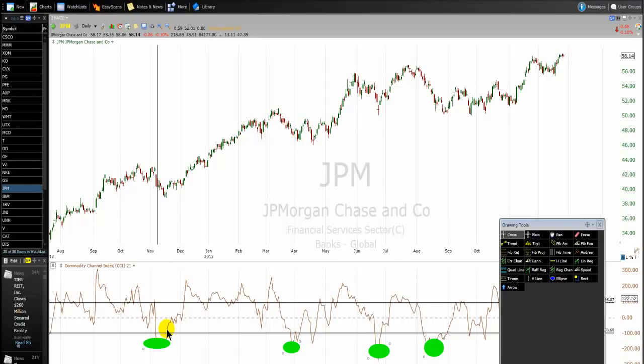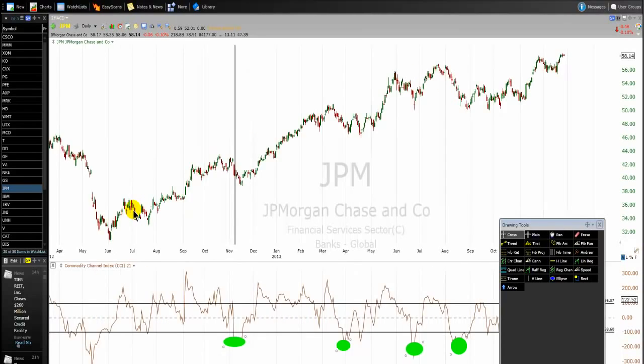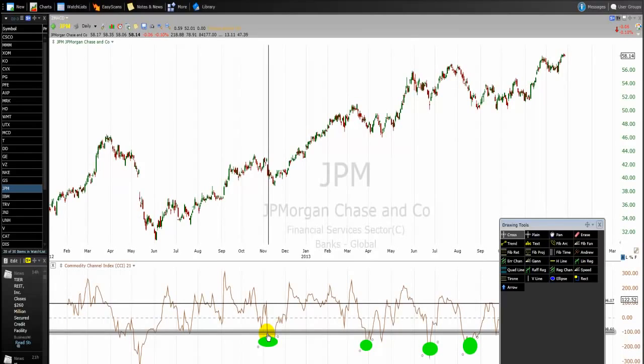So if you buy straight away here because the CCI is oversold, but the price was not oversold. The oversold CCI is not equal to the price oversold. Are you trading the CCI or are you trading the price? Make your choice, please. You see now? The price went down, so people were buying, and the price kept going down. And finally, it went up.